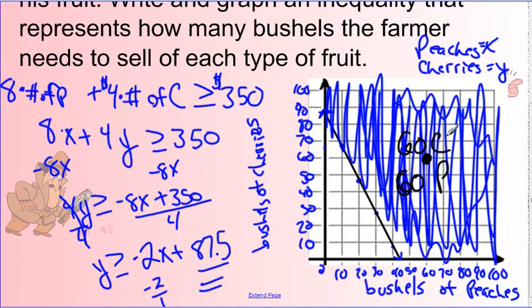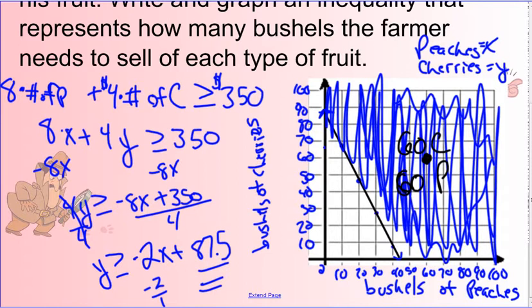If he sold 60 of this and 60 of that, he's going to have lots of money, a lot more than 350 bucks. So he basically just needs to sell anything above this line to make his profit.